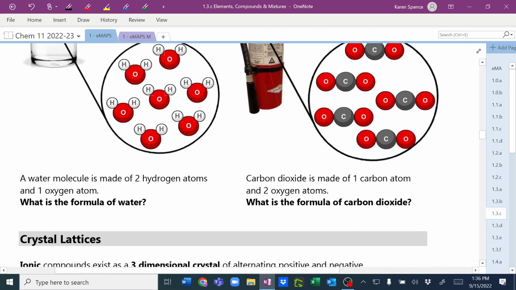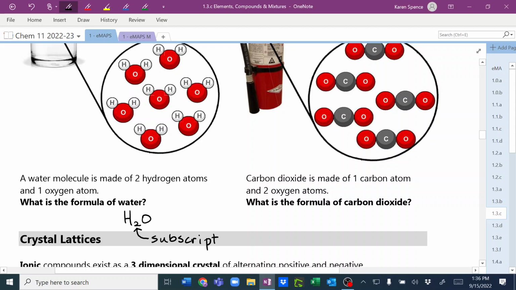What is the formula for water? H2O. What do we call that little number there at the bottom? That is a subscript. And what does a subscript tell us?